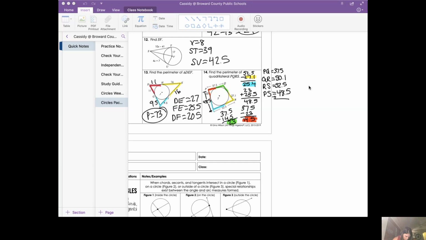Hold on. Nope, looks good. So 37.5 plus 50.1 plus 52.5 plus 48.5 gives me 188.6 for the perimeter.